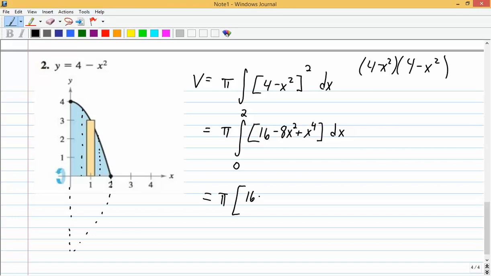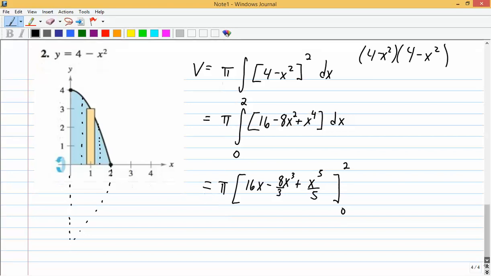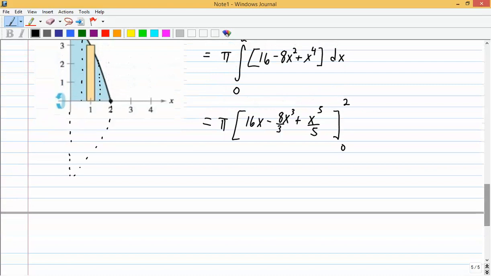So it's going to be 16x minus 8x to the 3rd over 3, so 8/3 x cubed, plus x to the 5th over 5. That's going to be evaluated from 0 to 2. Okay, so now plug in your 2.